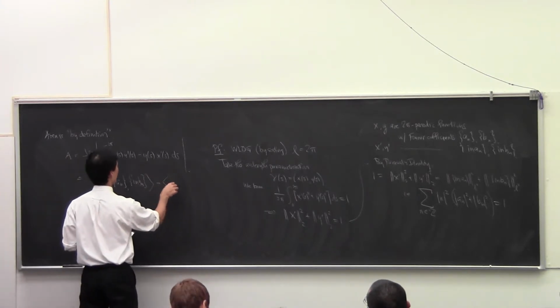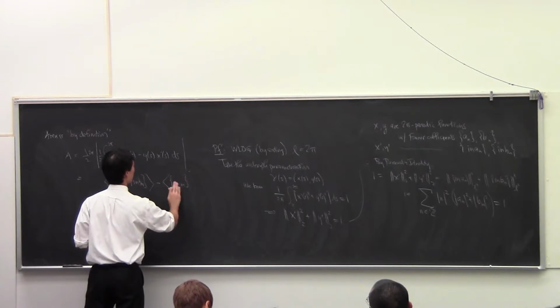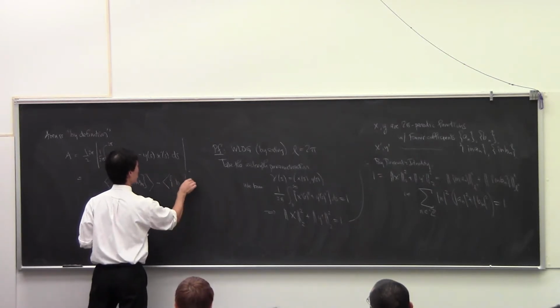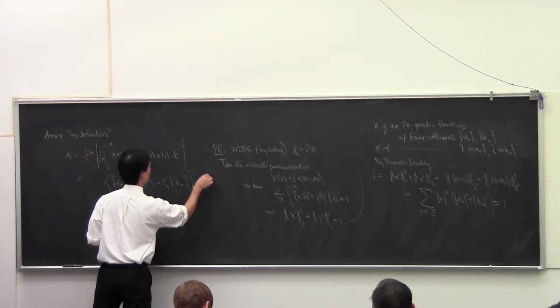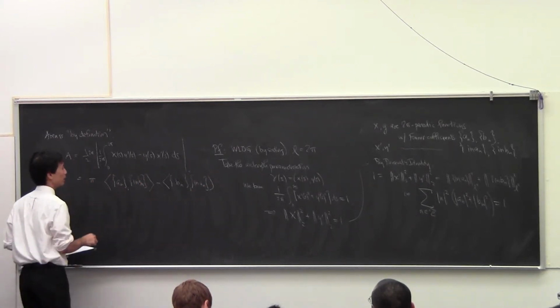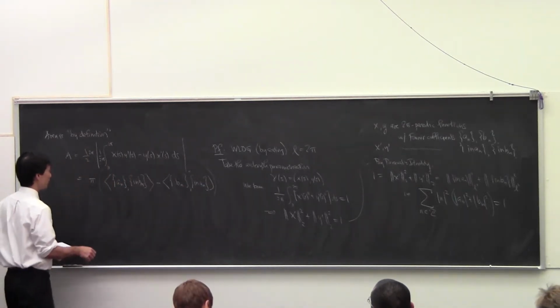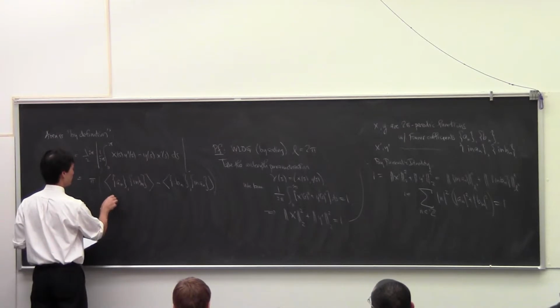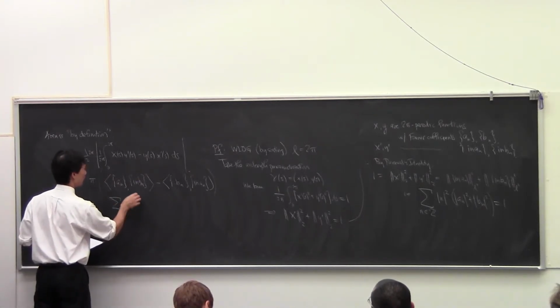Minus, again, the b_n against the x prime guys. We should get pi times that. So this thing here is the summation of a_n times the conjugate of this thing.